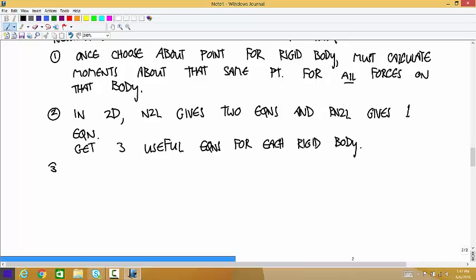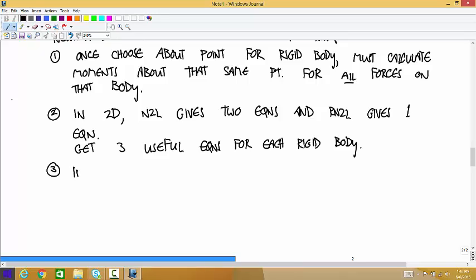The reason the rotational Newton's second law only gives 1 useful equation is because, remember, moments in 2 dimensions only have a non-zero z component. The x and y components of your moments are always zeros. And so the only useful equation is the z component of rotational Newton's second law.